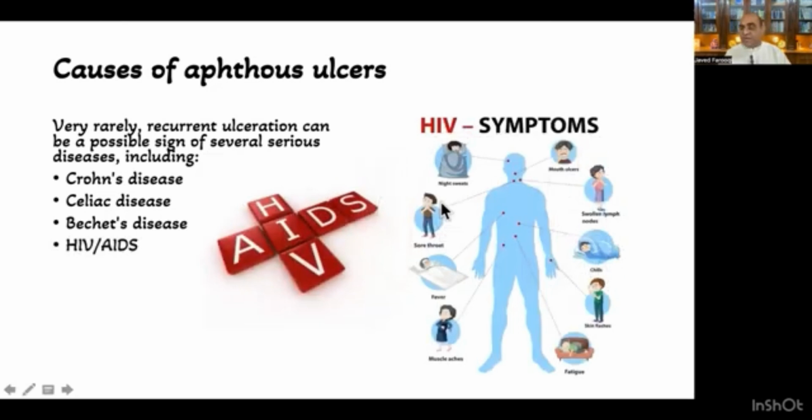And HIV, AIDS, among different symptoms like night sweats, fever, muscle aches, fatigue, skin patches, chills, swollen lymph nodes, there may be sore throat and mouth ulcers. So these are the presenting signs and symptoms of HIV even.